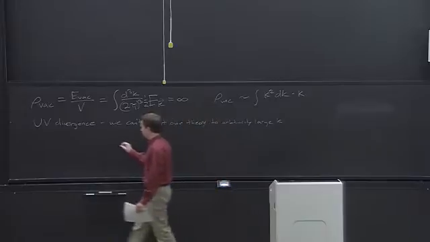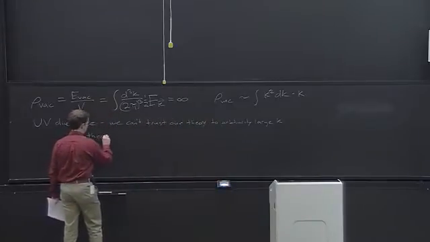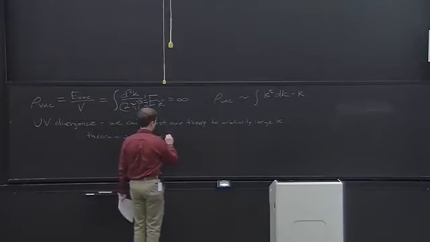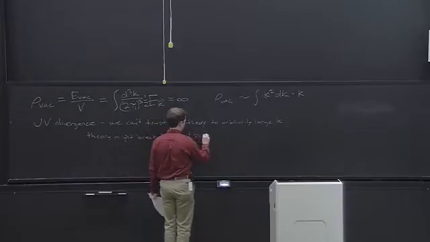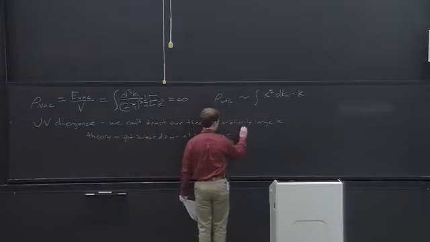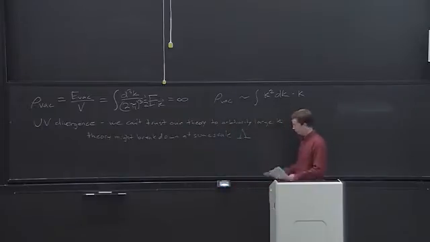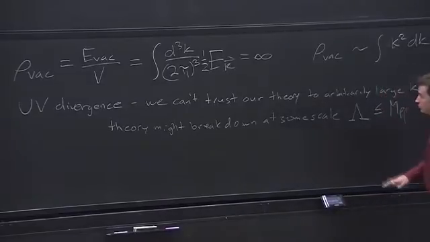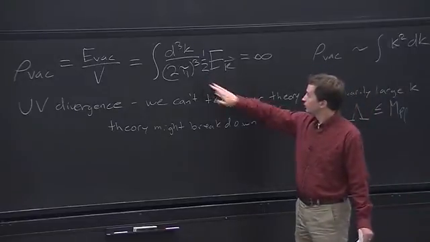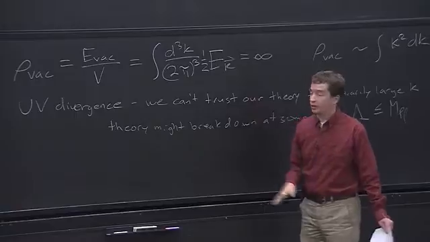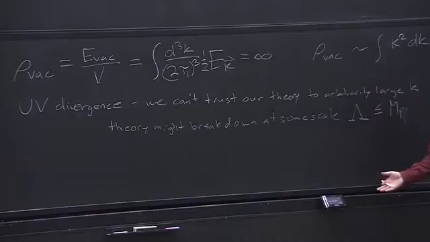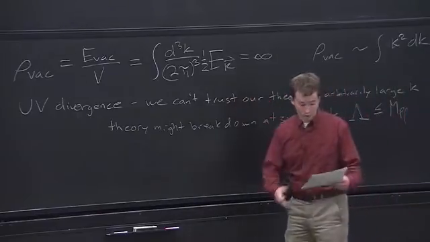So our theory might break down at some scale, big Λ, and we'd expect this is less than or equal to the Planck scale. Okay, so we got an infinite energy density basically because we had infinitely many independent harmonic oscillators, and we trusted our theory to arbitrarily large momentum.